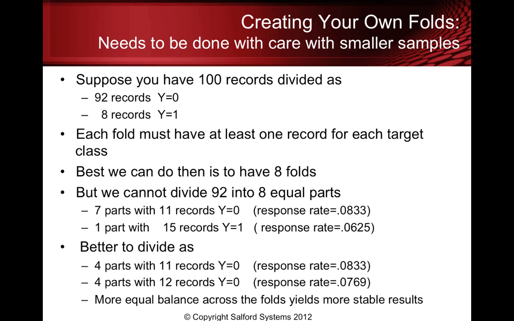So let's try for 8 folds then. If we try to make 8 folds, then we're not going to be able to have every fold have exactly the same number of zeros and ones.